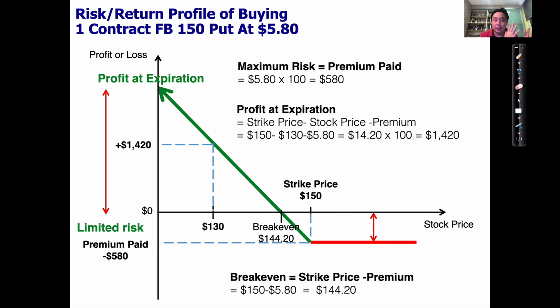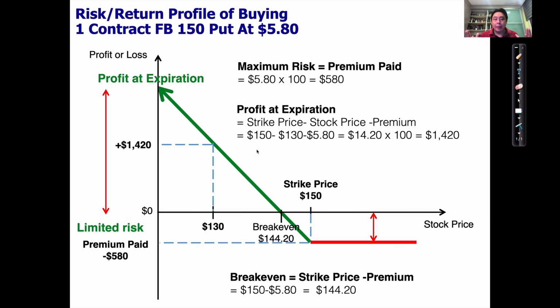That's the first scenario. The second scenario could be that you own Facebook shares and you think that in the short term the price could go down, so you want to lock in the sales price. So you own 100 shares of Facebook, and at the same time you buy a put option on Facebook at the current price, the strike price of say 150.